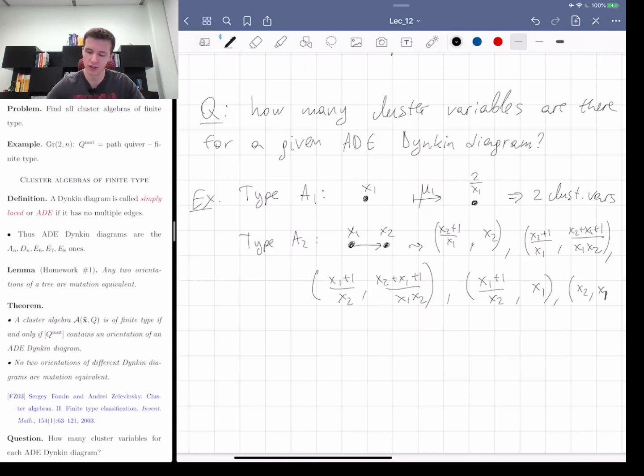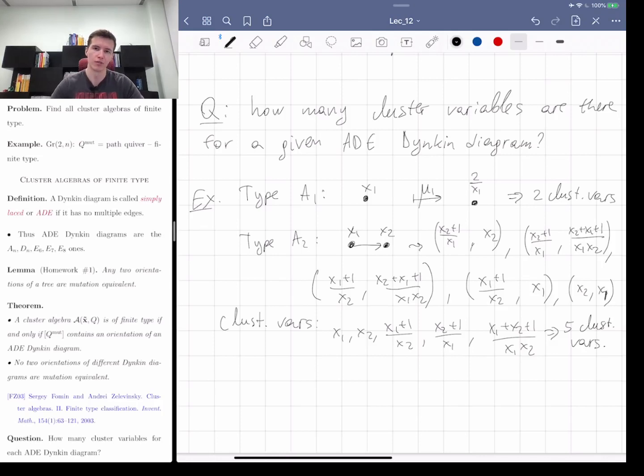I think that's the mutation sequence for type A2. And so the cluster variables are x1, x2, x1 plus 1 over x2, x2 plus 1 over x1, and finally x1 plus x2 plus 1 over x1 x2. So the answer is that there are 5 cluster variables.